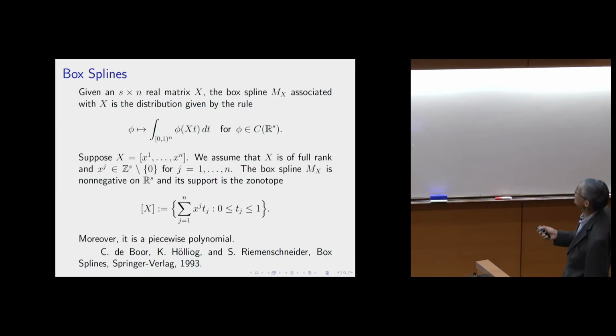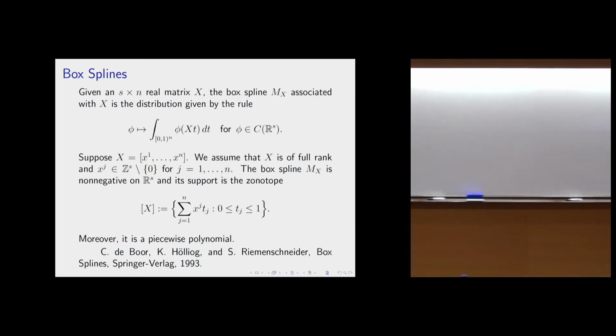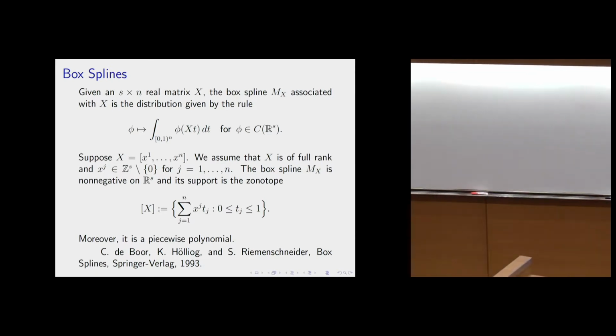Then we have its support is the zonotope induced by these multiple vectors. Of course, the authoritative work is De Boor, Höllig, and Riemenschneider on box splines.